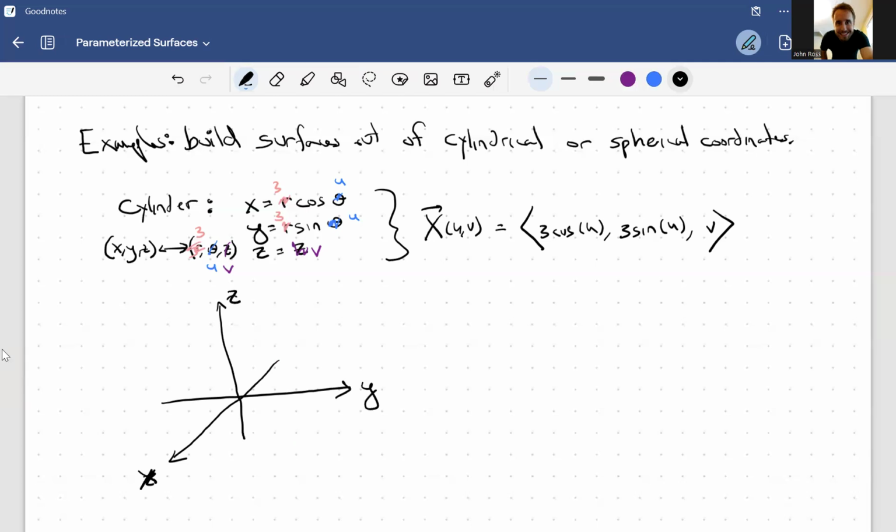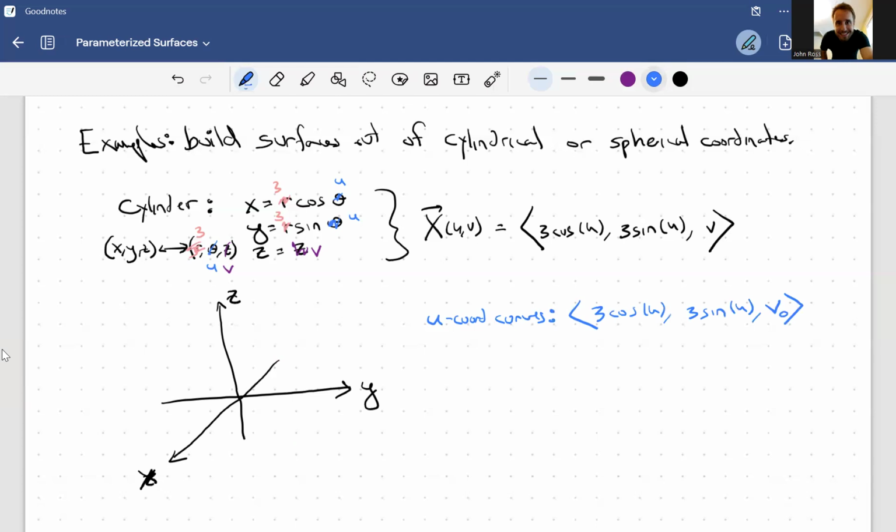Right. So for our first coordinate curve, let's call it our u-coordinate curve, which means that we are fixing our v value. So our u-coordinate curves are going to all allow u to vary, and we'll fix our v. And so these will be curves in three-dimensional space. We can think of them as 3 cosine of u, comma, 3 sine of u, comma, and then we'll have just a fixed v value, so I'll just call that v naught to indicate that it's fixed.